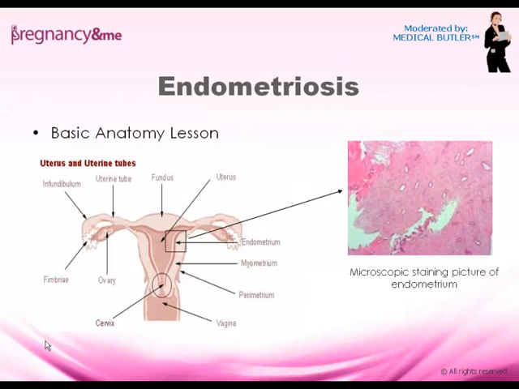So the lining of the uterus is this tissue called the endometrium, and this is a histological picture of what it looks like once you've stained it with what we call an H&E stain.